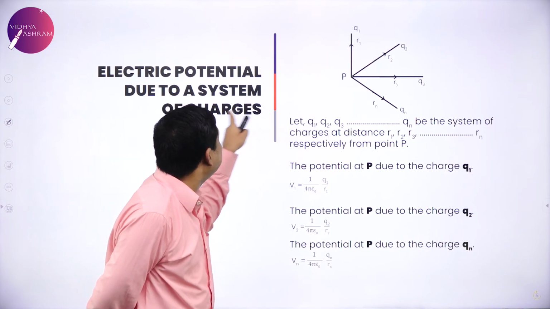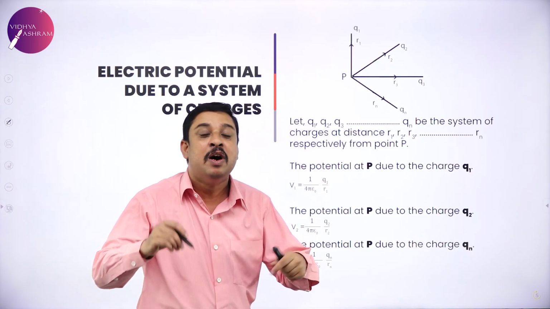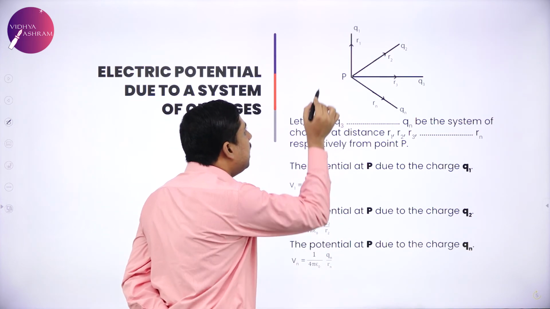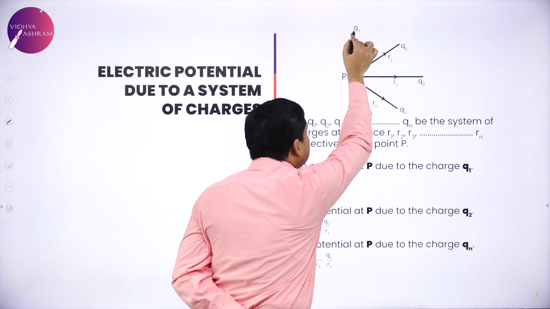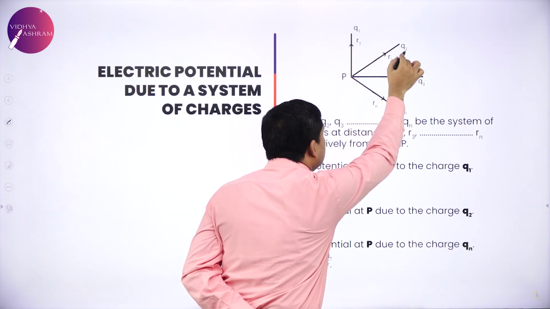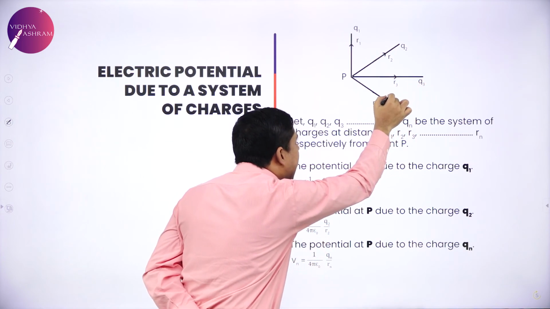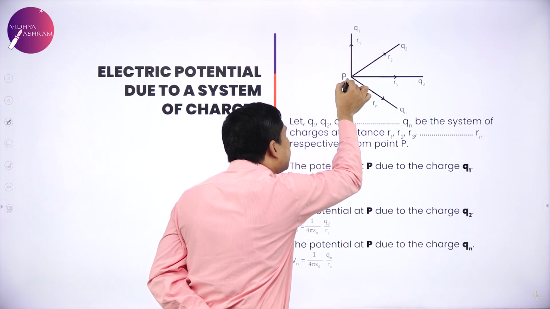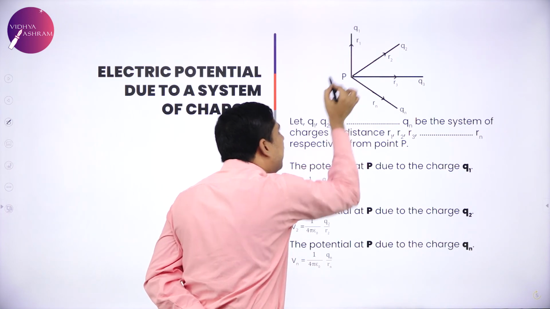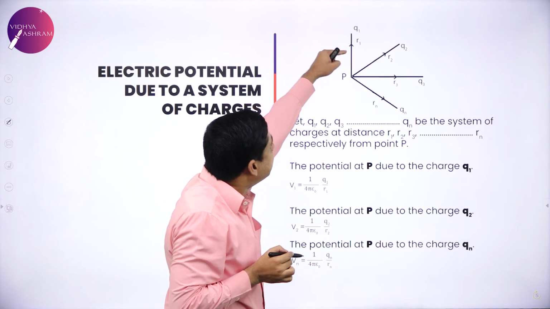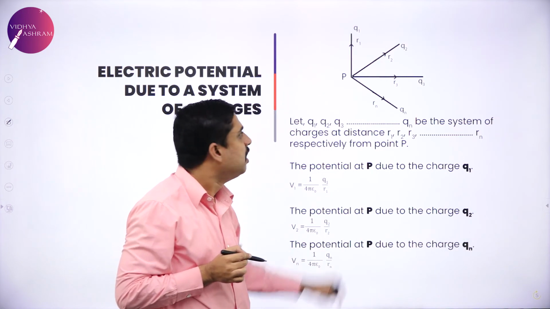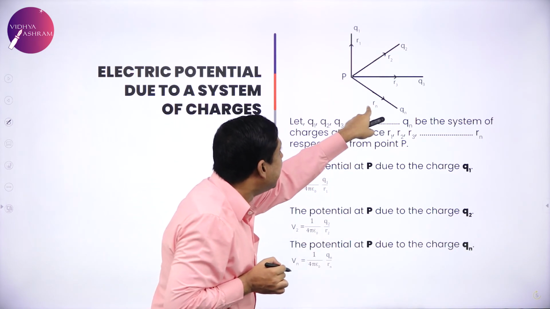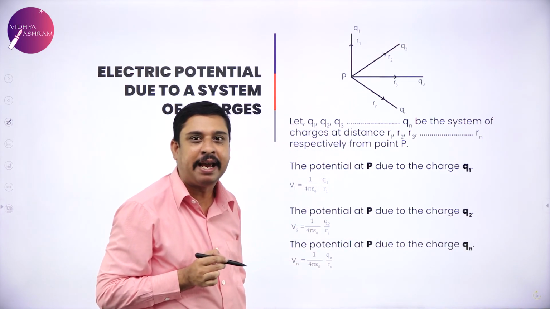It is a system of charges. I have multiple charges. So I consider a system of charges Q1, Q2, Q3, etc., Qn at some distances from my point P. Q1, distance R1 from P. Q2, distance R2 from P. Qn, distance Rn from P.